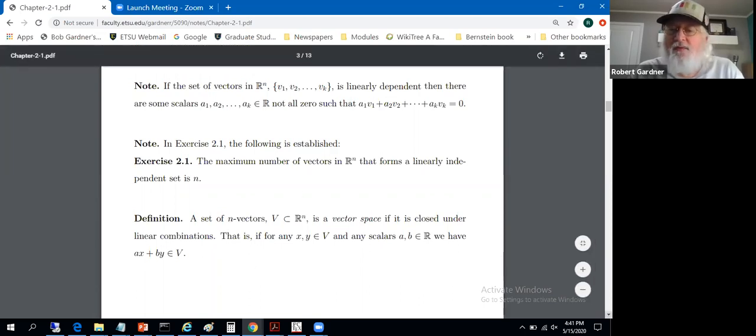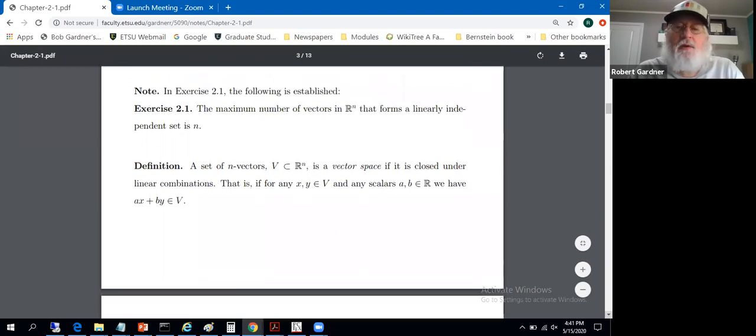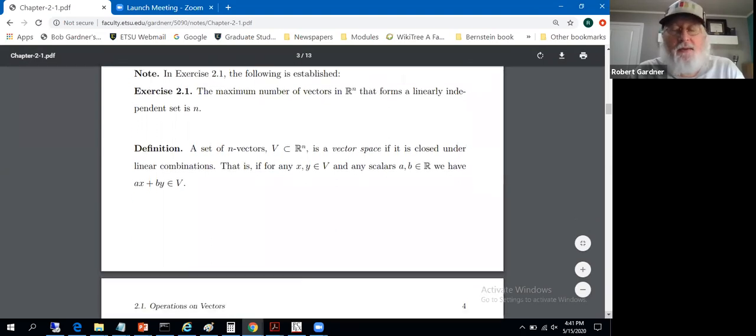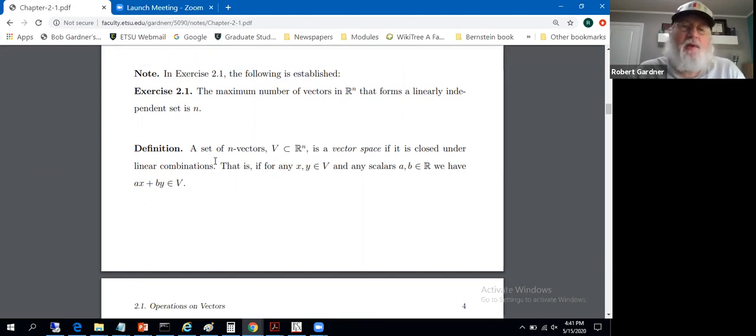Okay, the following. I do this a little differently, but I'm following the book. This is giving us, from this book, their approach to defining a vector space. A set V of vectors, a subset of Rn, vectors with n components, is a vector space if it's closed under linear combinations.